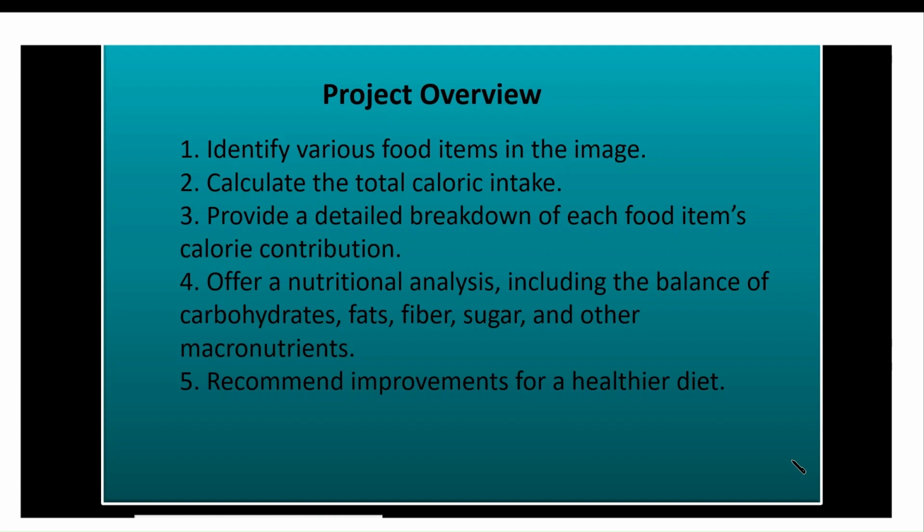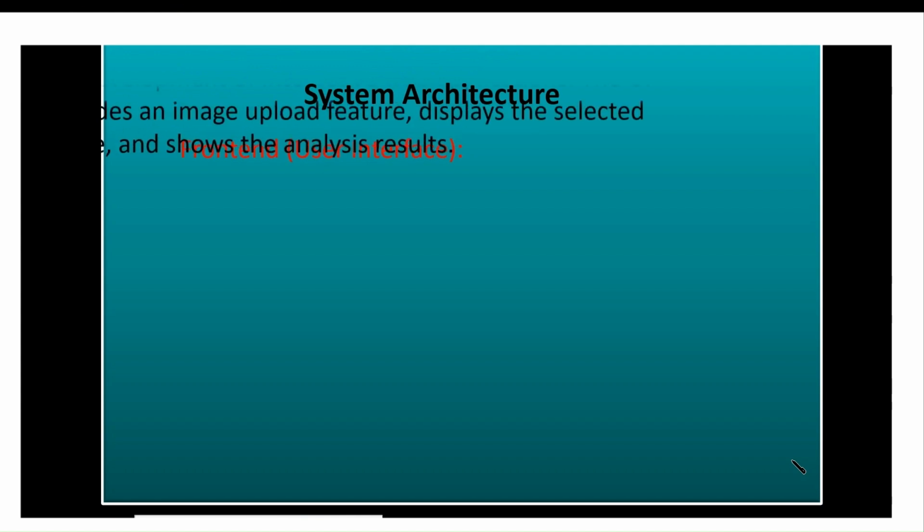Next we're going to look at the architectural composition, the system architecture, how this was designed from the beginning to the end, what makes up the entire app or project, as you may call it. Firstly, we look at the front end. The front end is where the user will interact with the application.